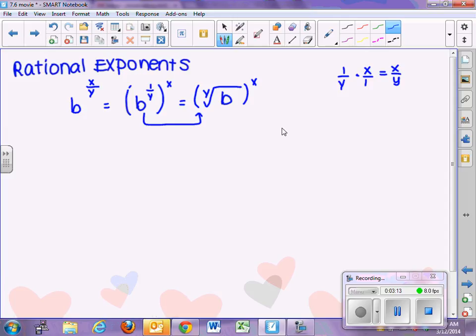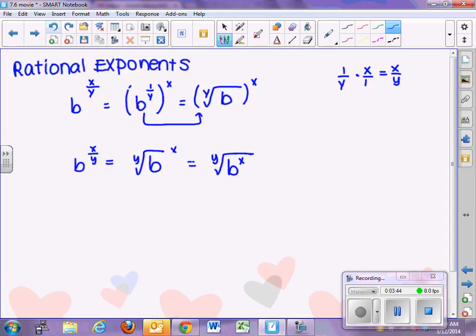So basically, every time you see b to the x over y, it means the y-th root of b, to the x power. Now, if it makes it easier to compute, it is the same as raising b to the x power and then taking the y-th root. It doesn't matter which order you do it in.